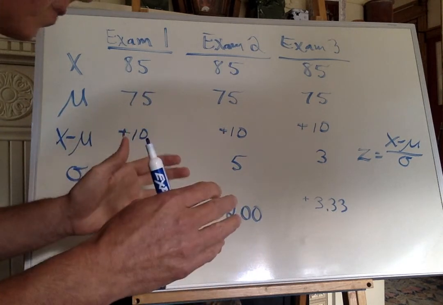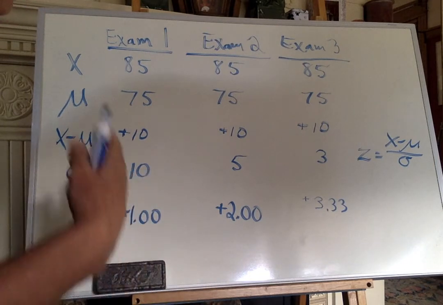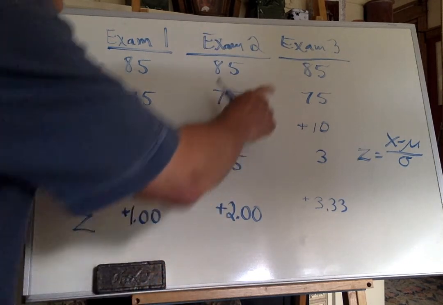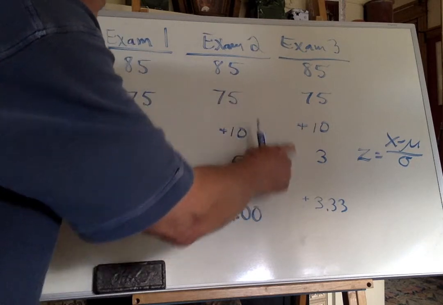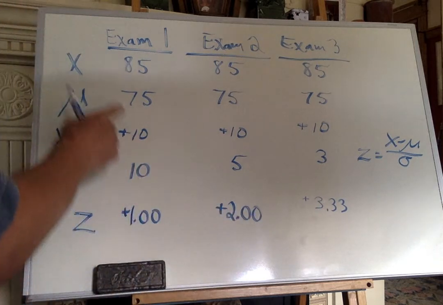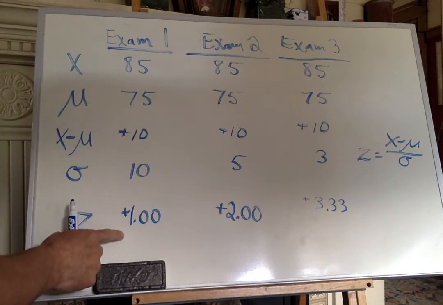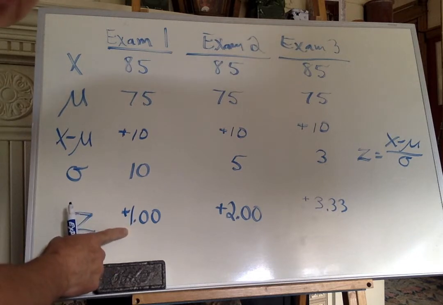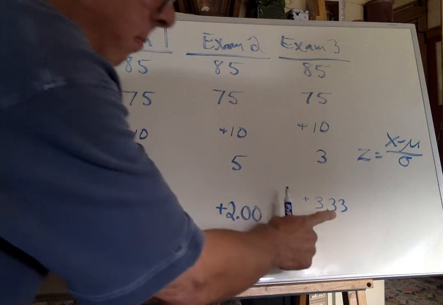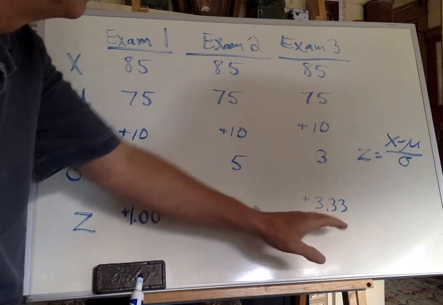Okay? Z-score. And so in this case, the person who got an 85 with exam 3 did much better than the person with an 85 in exam 1. Okay? I'm only 1 standard deviation above the mean here. I'm more than 3 standard deviations above the mean in this case.